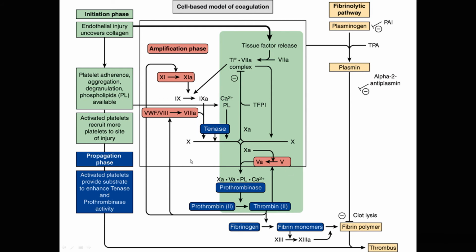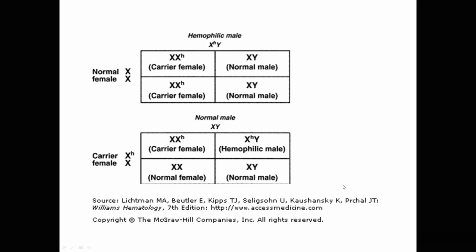The disease is usually inherited, but new mutations are also present. The mutation of the gene for the antihemophilic globulin, factor 8, is localized on the X chromosome. That's why patients are male persons.